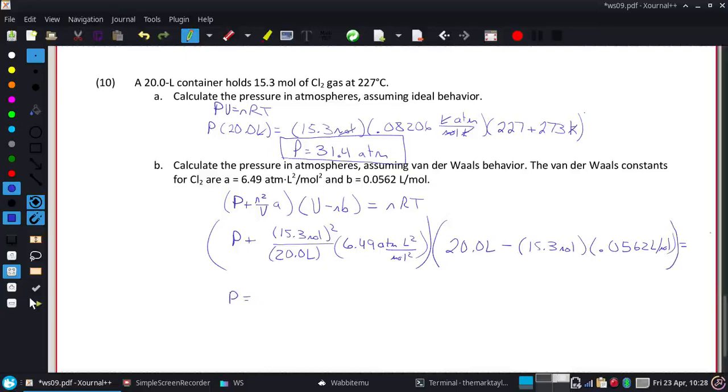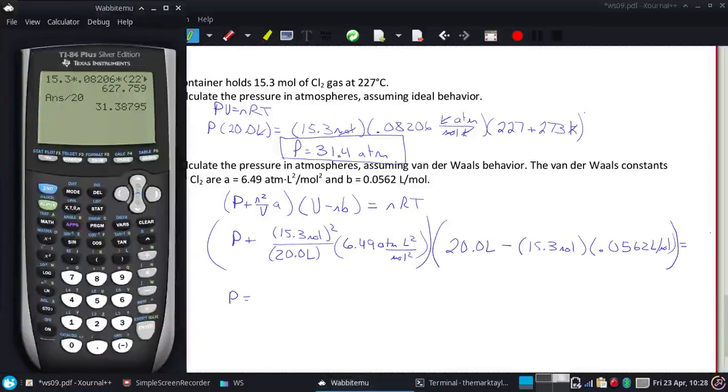All right, but we are now going to solve this crazy thing for just that pressure. Longer process now, but our first thing is to do exactly like we did up above before we divide it by the 20. So the 15.3 times the R, 0.08206, and times the 227 plus 273, and we get 627. All right, that's here.